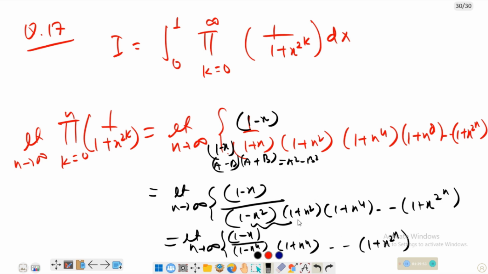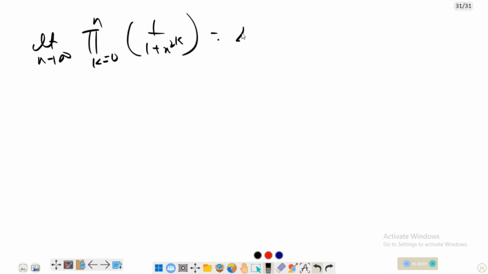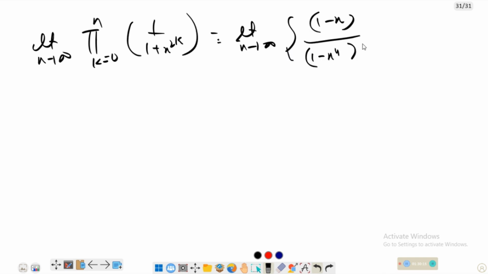Okay, so come to next page. Limit n goes to infinity, product k goes from 0 to n, 1 upon 1 plus x to the power 2 to the power k. This is limit n goes to infinity, 1 minus x upon 1 minus x to the power 4, 1 plus x to the power 4, dot 1 plus x to the power 2 to the power n.